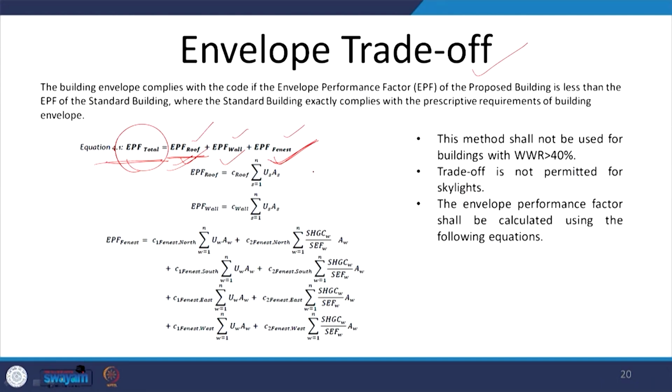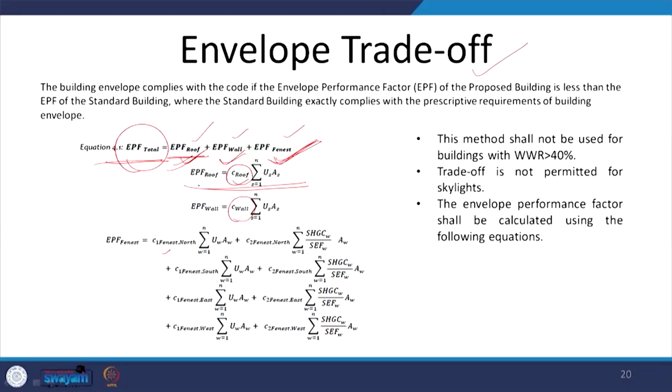When we are talking about an envelope trade-off method, we will calculate the EPF of each of these components separately using these equations. Here the coefficients for the roof or wall or the fenestration for SHGC and U values are taken from the tables given in ECBC.